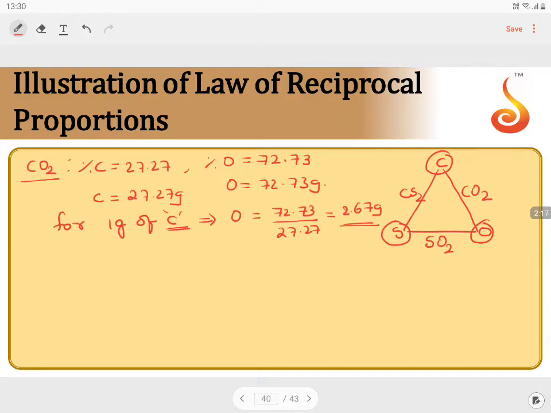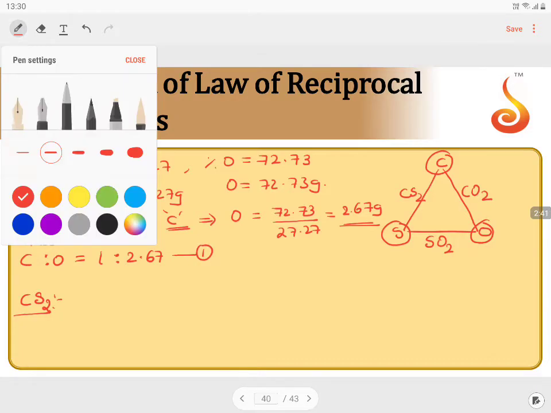This is the ratio at which carbon and oxygen combine. So carbon is to oxygen is 1:2.67. This is the mass ratio of carbon and oxygen.